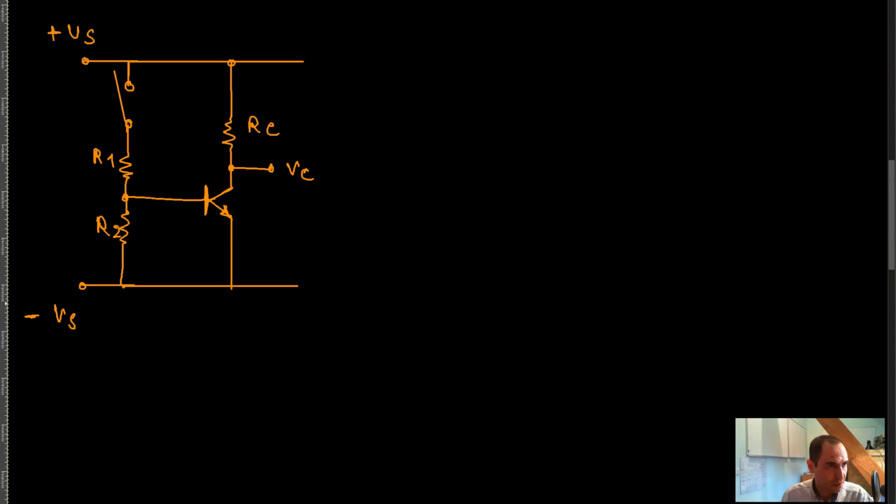So this is the circuit that we have, and let's say that basically R of C is equal to 1 kilo ohm, and your beta is equal to 100.